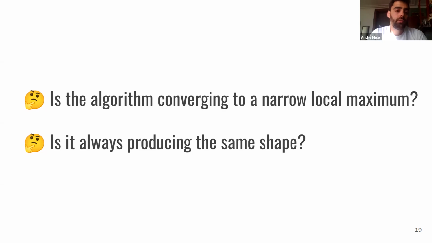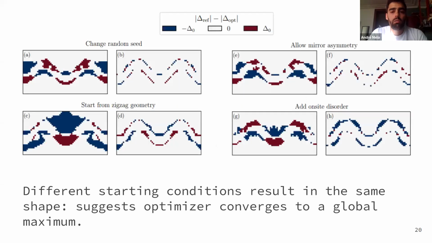So to address the first question, what we do is introduce modifications to the algorithm, and then we verify if we still get the same result. We cannot prove that we're converging to a global maximum because the space is too large.